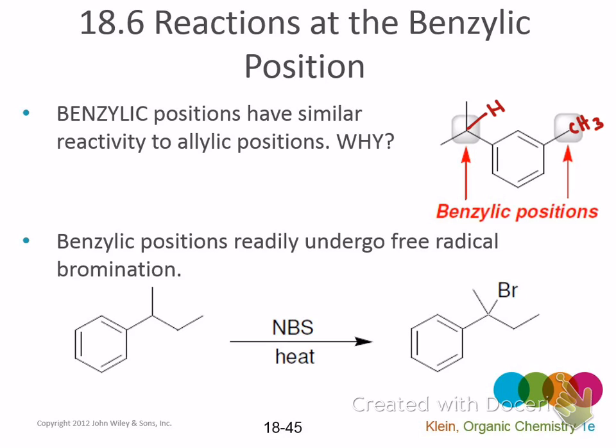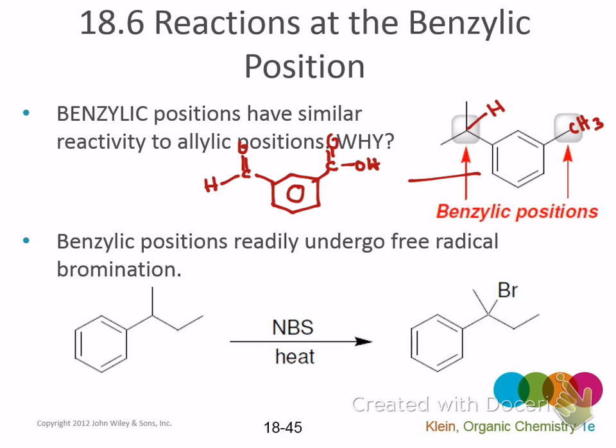Okay, so when you do Jones reagent on this, you'll end up with this. And again, the reactivity has all to do with stabilization, being able to take the charge or the radical and stabilize it through the benzene ring.